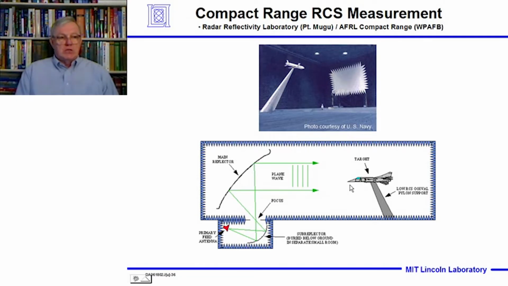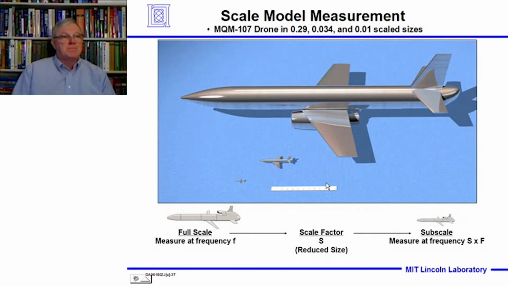It's a technique that is used quite often to make RCS measurements, because the full-scale measurements in many cases can be quite costly when they're done on a big, complex range. And you can have multipath effects, which the absorbent material around the compact range mitigates. Okay. Now we can do things with scale models and small ranges.